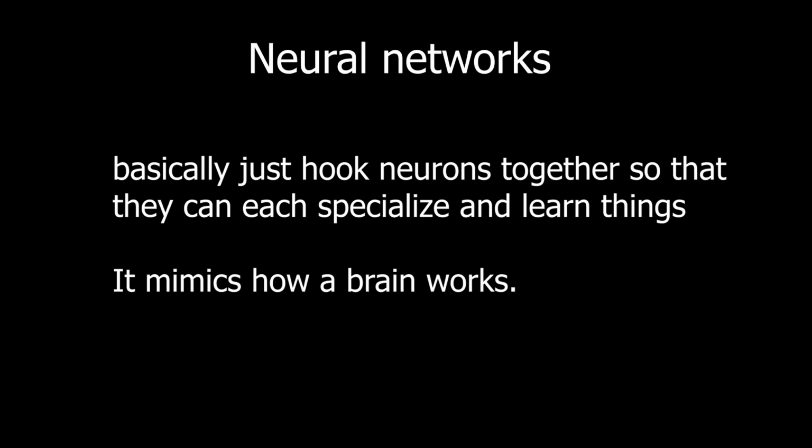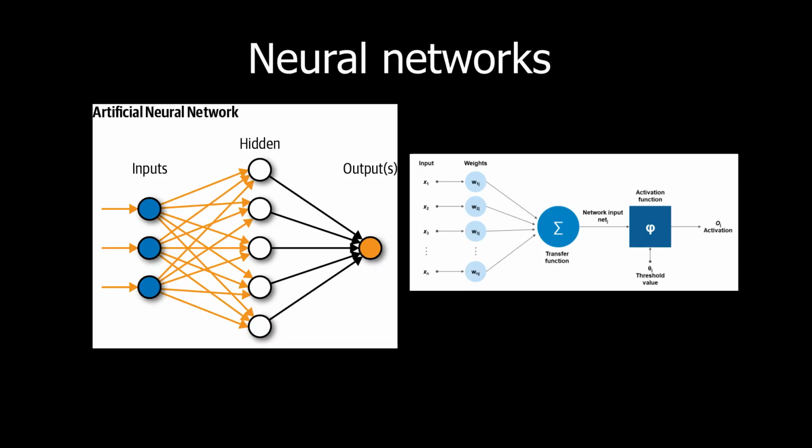Neural networks essentially just chain them together so that the output of one neuron can get fed into another neuron. What this allows each neuron to do is specialize, maybe on focusing on different things, or just chain and get more modeling power because there are simply more components in play.